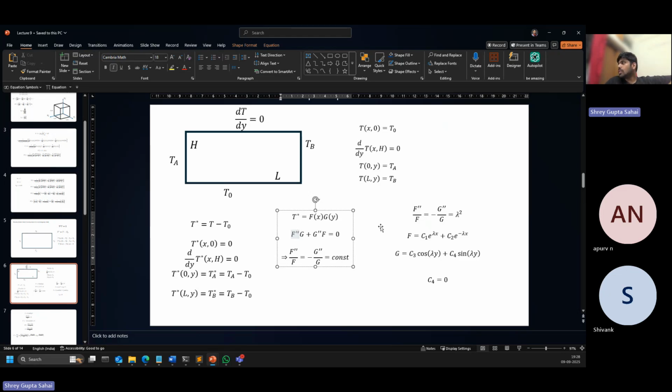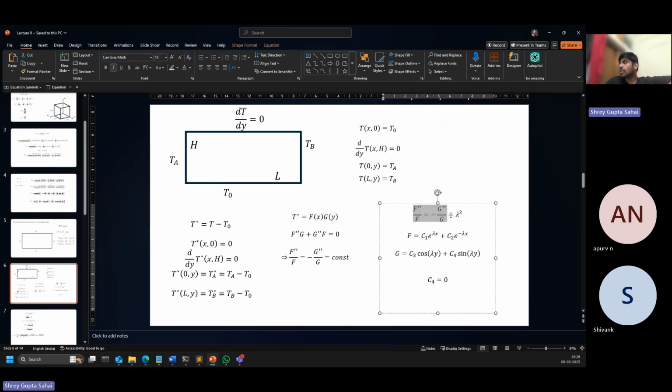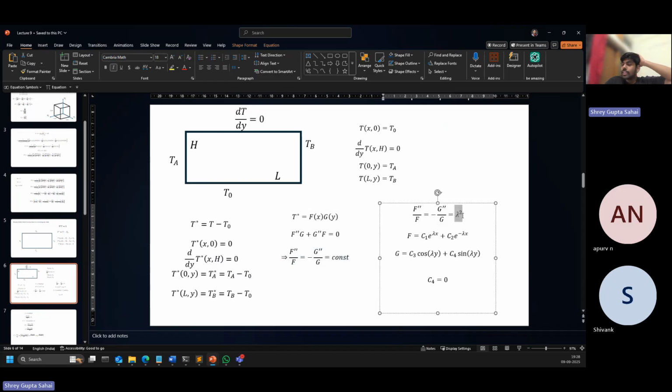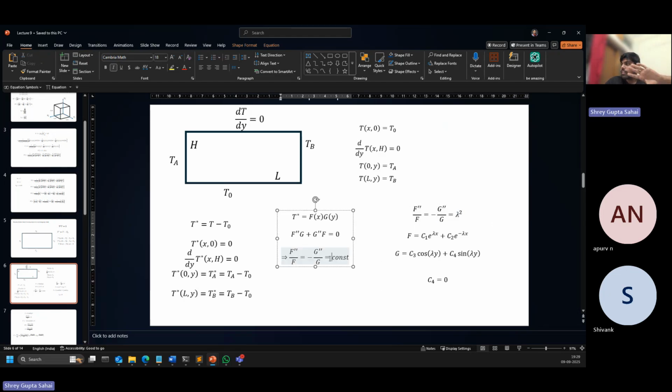Now that is what brings in this lambda square. I have taken it as a positive term, not a negative term. I have concluded that whatever this constant is, it is a positive constant.